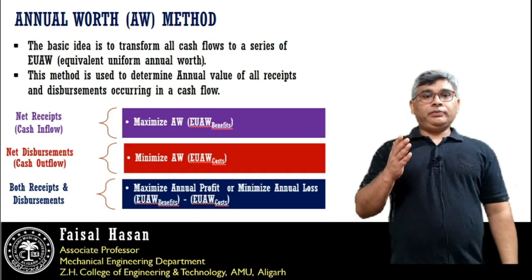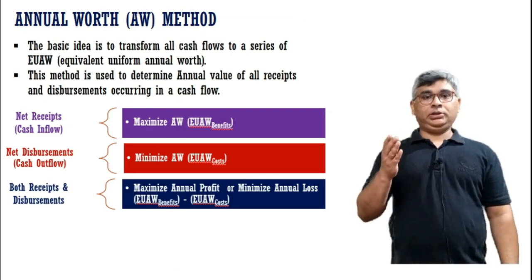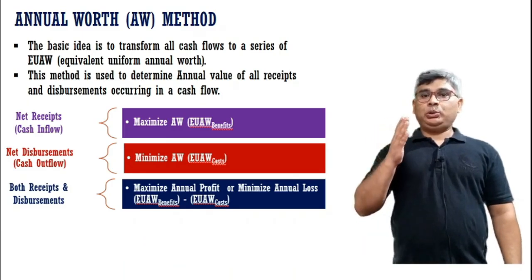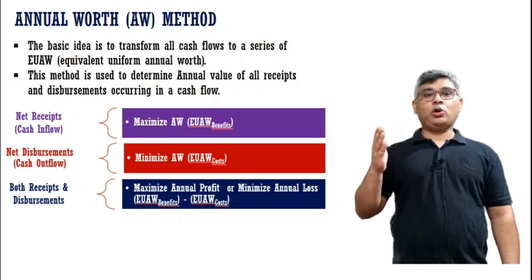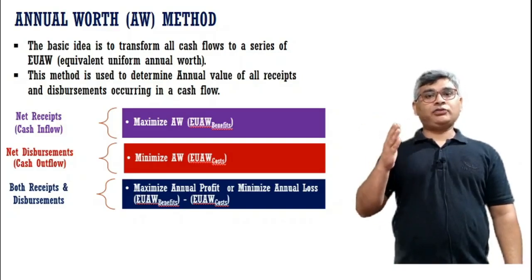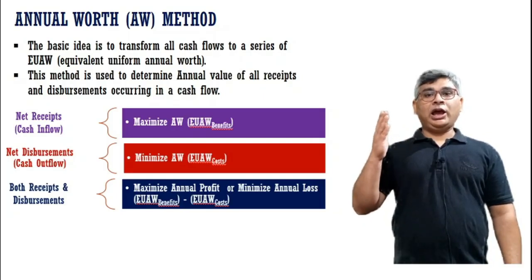So let us see what this annual worth method is. The basic idea behind this method is to convert the complete cash flow diagram into a series of equivalent uniform annual worth, or the complete cash flow diagram is converted into annuities.